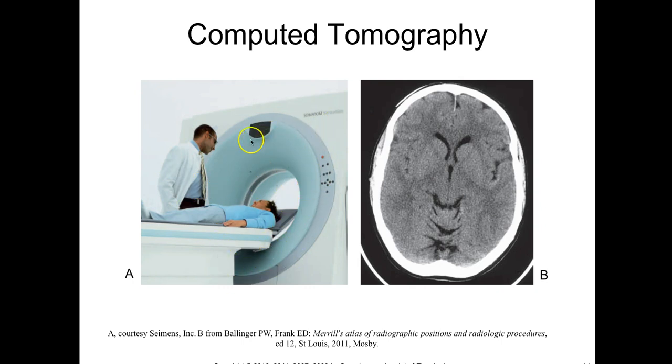And this helps to take images on all sides of the body. In B here, we see one of these images that have been taken, specifically of the brain. So our CT image here is going to show us several different slices of the anatomy of the body.